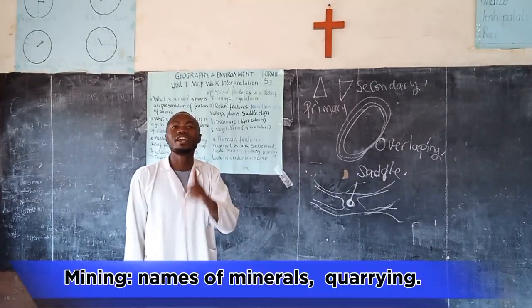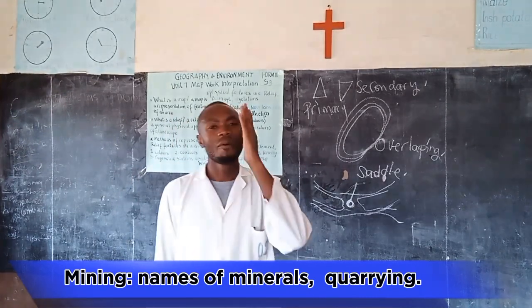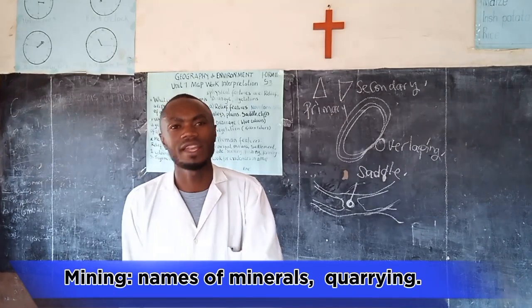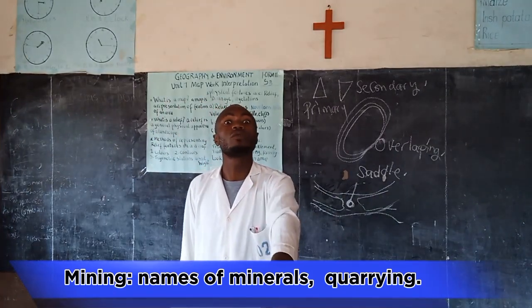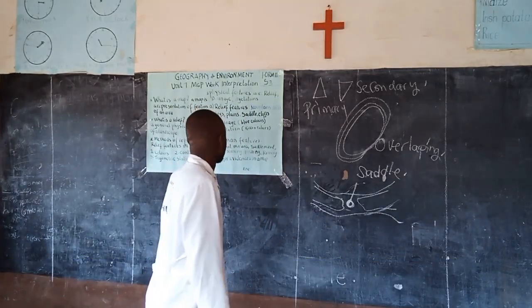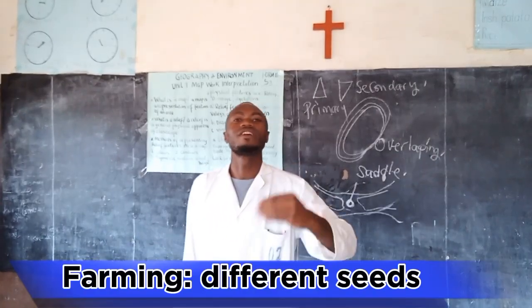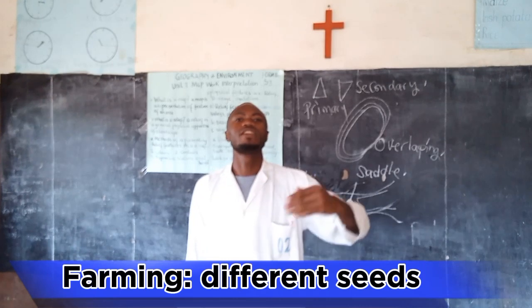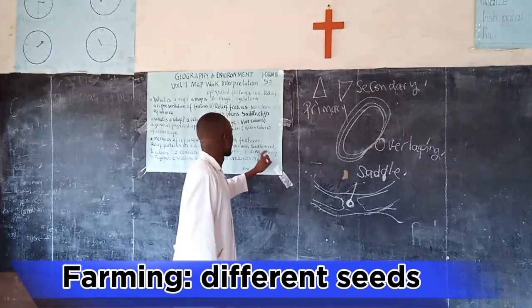Mining, where you can find the names of minerals. Quarrying, making sure you can find the names of minerals, making sure on that topographical map there are what we call mining activities. Farming, where you can find different seeds, different vegetation, making sure that the place there is farming.